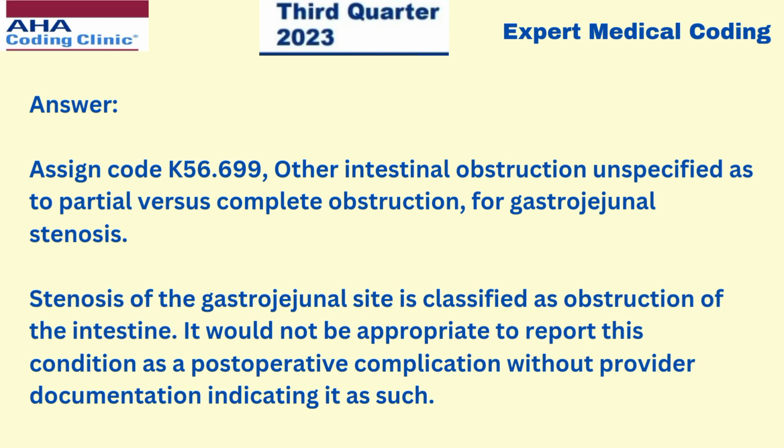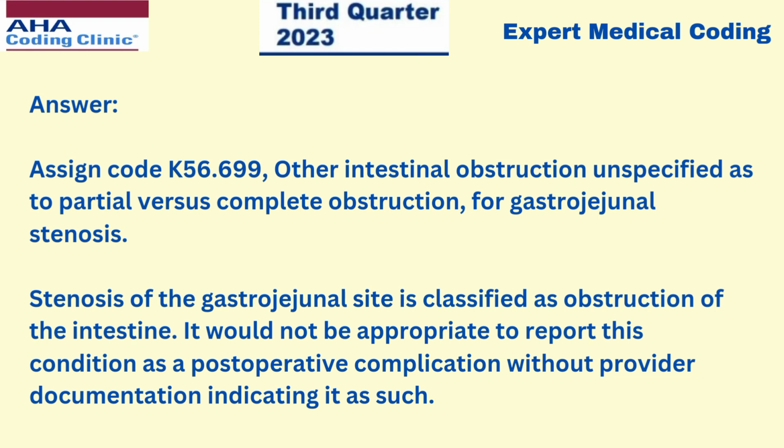Stenosis of the gastrojejunal site is classified as obstruction of the intestine. It would not be appropriate to report this condition as a post-operative complication without provider documentation indicating it as such. So without provider documentation of post-operative complication, we should not take it as a post-operative complication, but we have to take it as other intestinal obstruction.